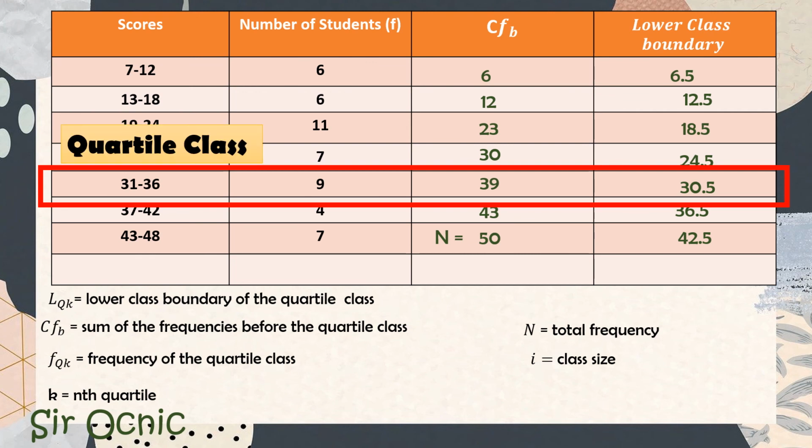This will now be our quartile class. Using this class, LQK is equal to 30.5, CFB is equal to 30, frequency is equal to 9, K is equal to 3, total frequency is equal to 50, and I is equal to 6.